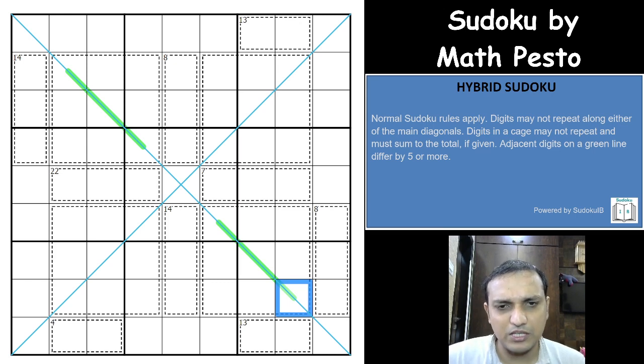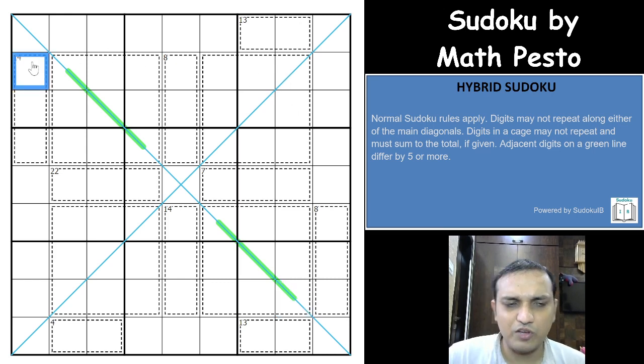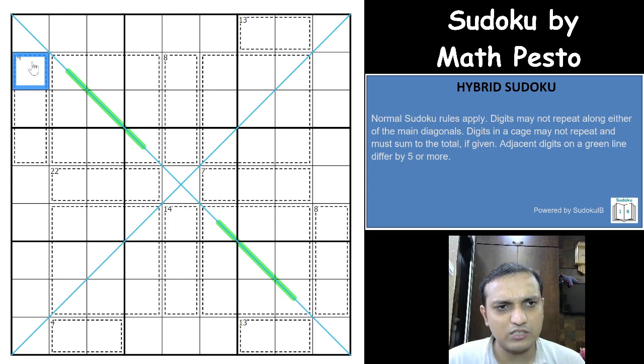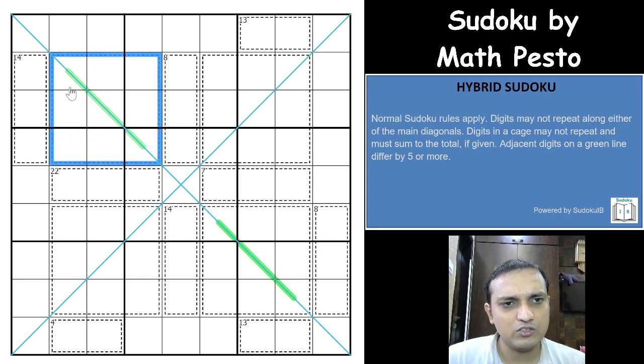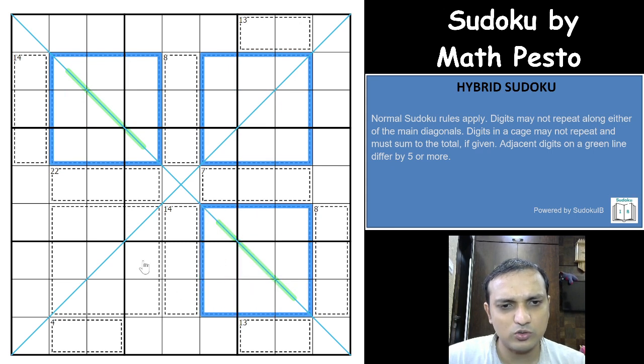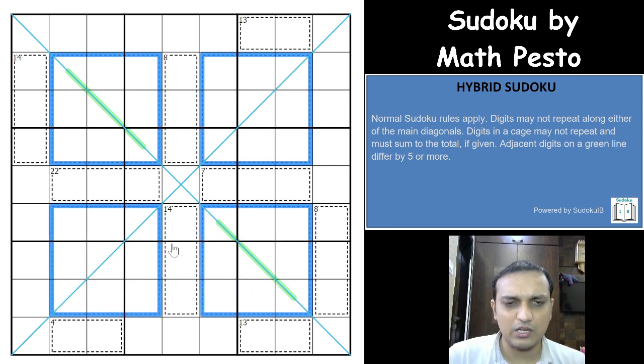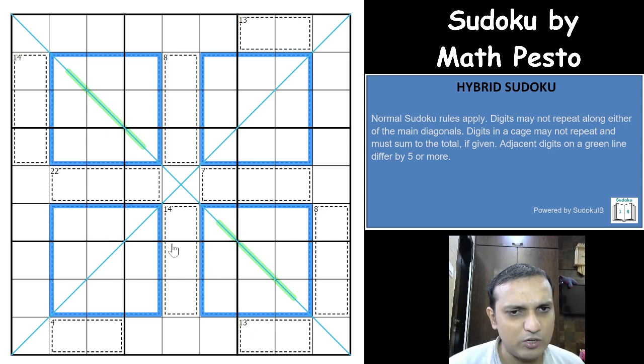And you have some cages. If you have a number on the top left corner of the cage, it indicates the sum of the digits in that cage. If you don't have a number, it still means that the numbers don't repeat in a cage. Which means these 4 cages, you don't have any numbers and you have exactly 9 cells, so they form a Windoku here. In other words, it is a killer Sudoku plus a Windoku.